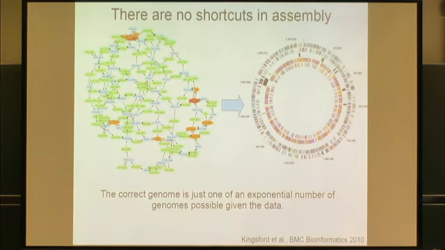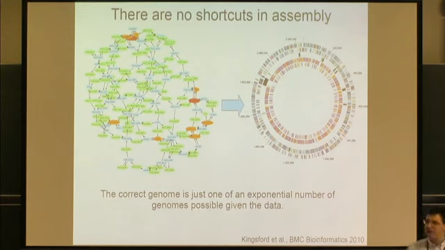But one thing that's essential for a problem to be NP-hard is that you actually have an exponential number of solutions that you have to search through, and you can't really find the right solution without enumerating all the options. And that's exactly what happens here. If you look at the genome assembly graph here, and this is the Mycoplasma genitalium circle, well, there are an exponential number of Mycoplasma genitalium-like genomes you can make out of this graph, and they're all equally likely as far as the assembly is concerned.